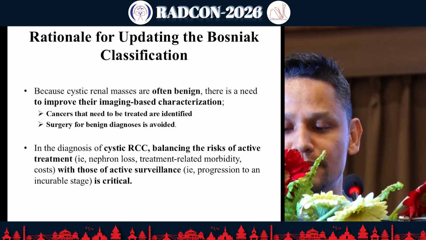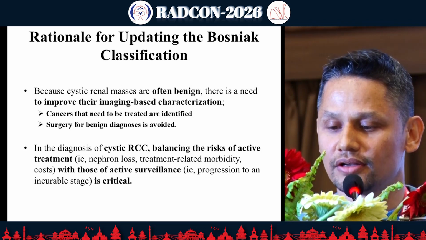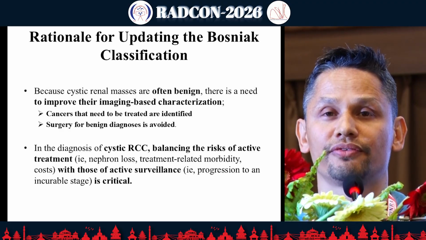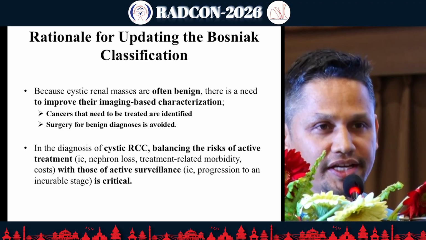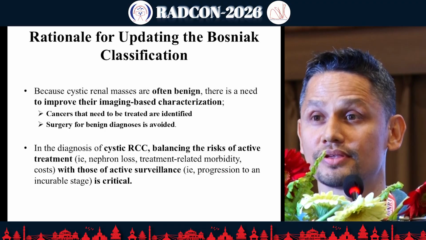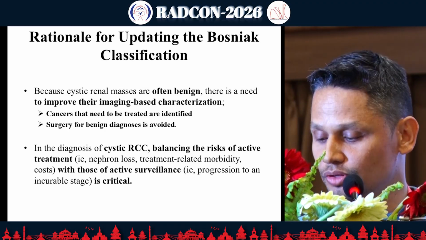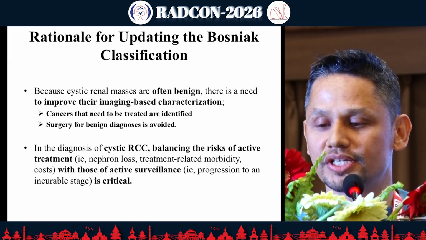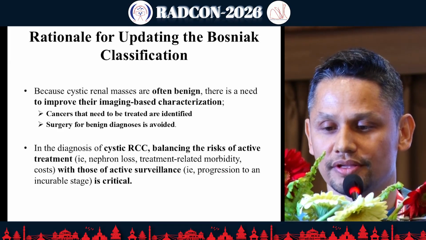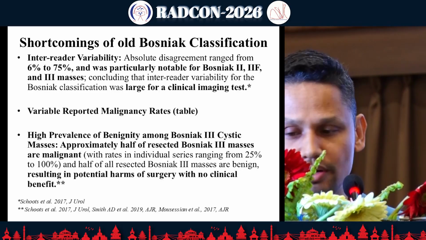Especially in the diagnosis of cystic renal cell carcinoma, balancing the risks of treatment versus active surveillance, so that progression to an incurable stage should be identified in time, which is critical for the management of the case.